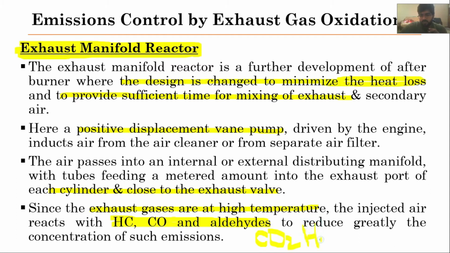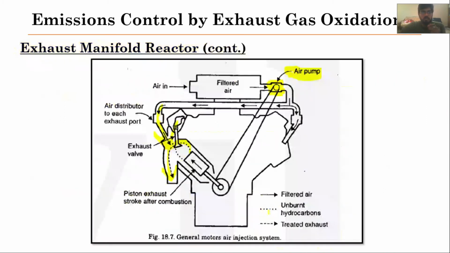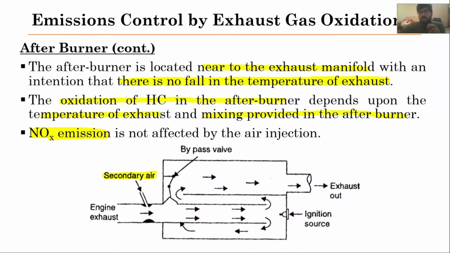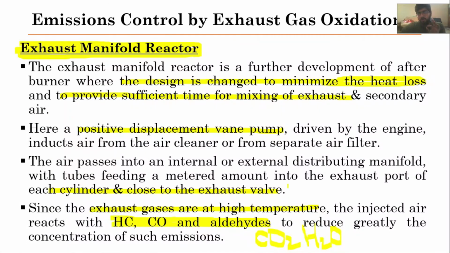So again, it is controlling the unburned hydrocarbon and carbon monoxide emissions. It is not controlling the NOx emissions. So so far we have studied four systems, and only the catalytic converter is the system which is controlling the NOx emissions. Therefore, in modern cars you will see that we have a catalytic converter installed in all of them.